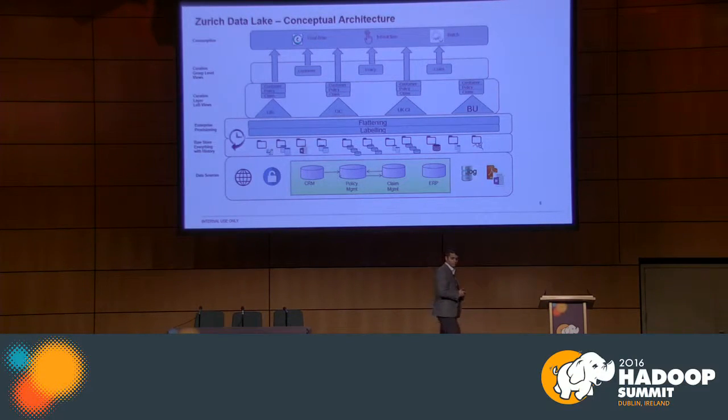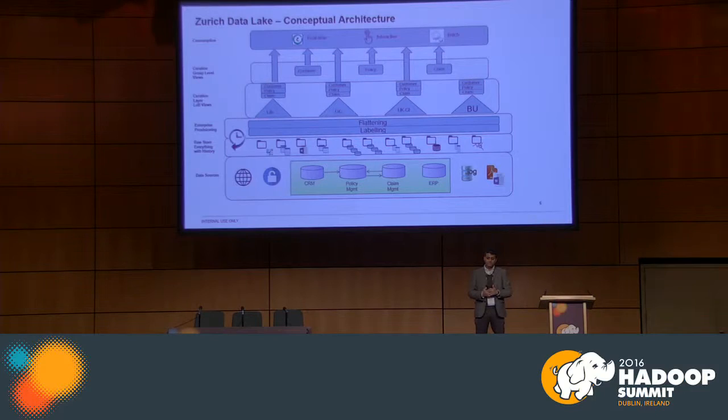What we are seeing here is that we are getting all our data, not only internal but external data, and we are creating what we call a raw store, but we make sure that we store the history of all this data, and we are able to do that in a manner that is scalable as well.